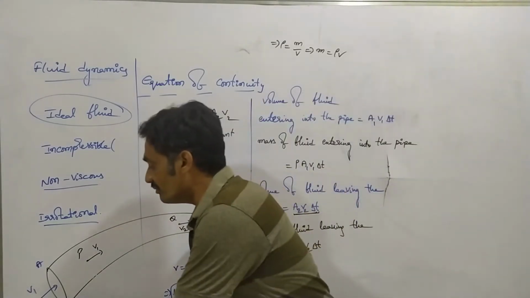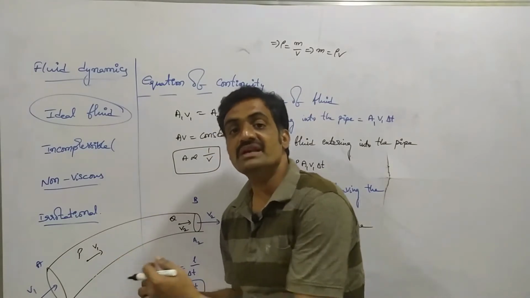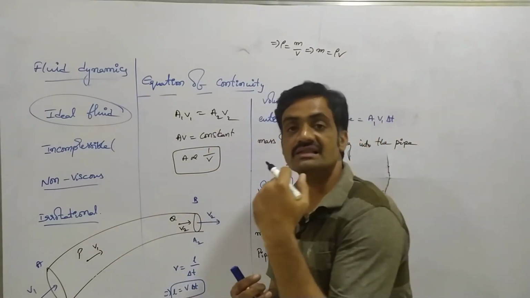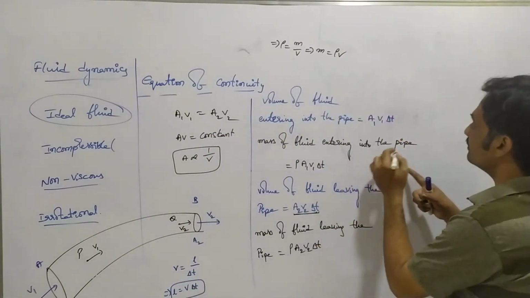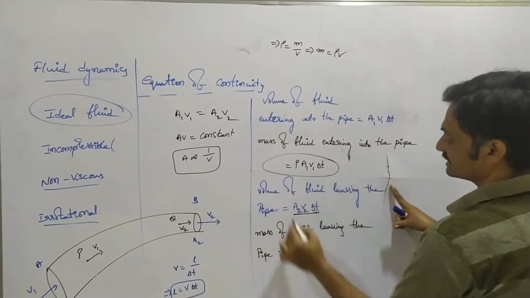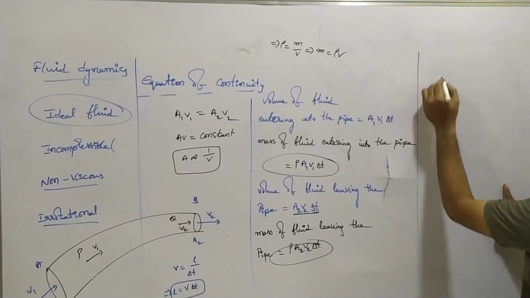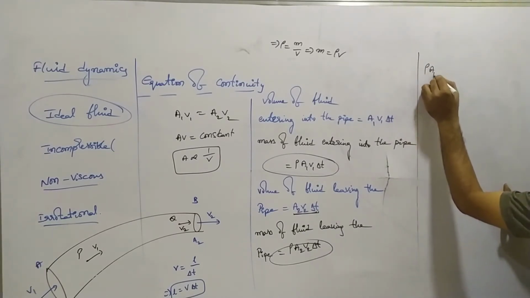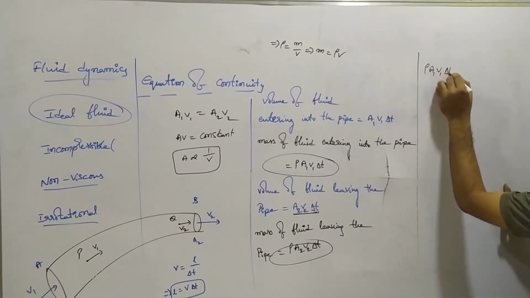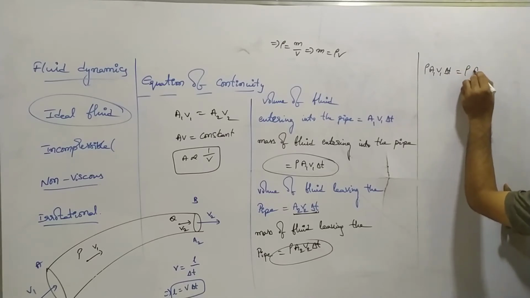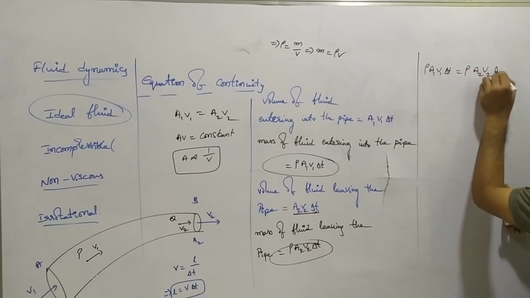The amount of mass entering the pipe is equal to the amount of mass leaving the pipe, so we can equate both these expressions. As we equate, observe that rho into A1 V1 delta t is equal to rho into A2 V2 delta t.